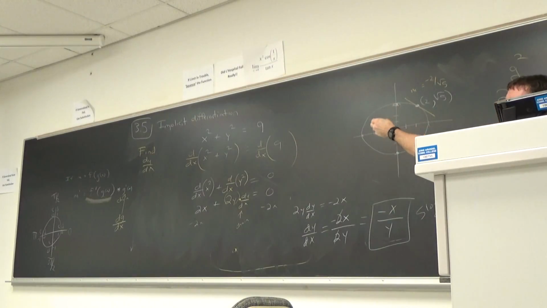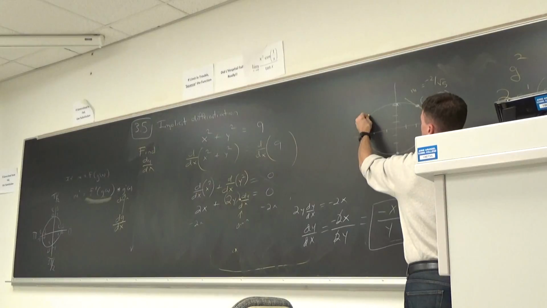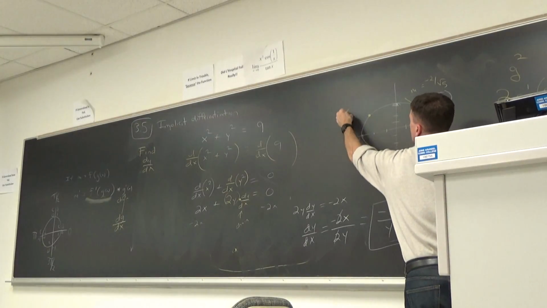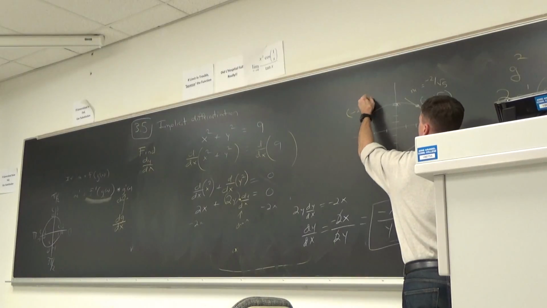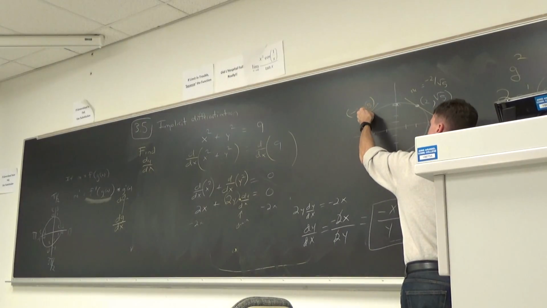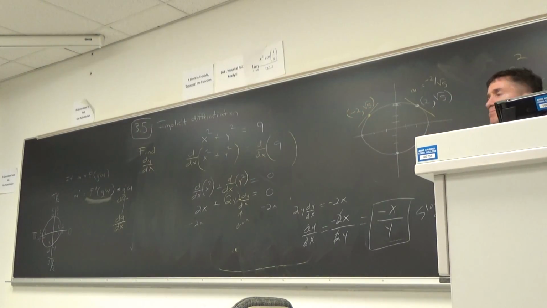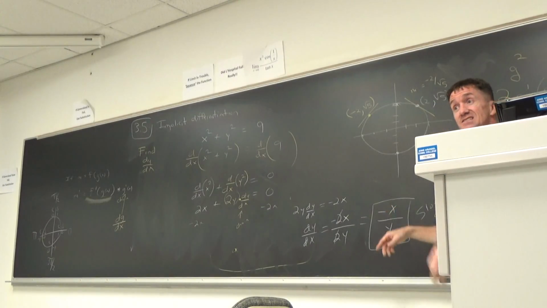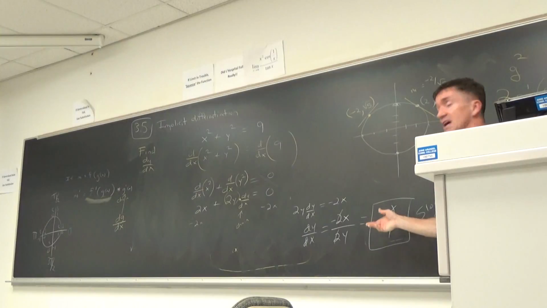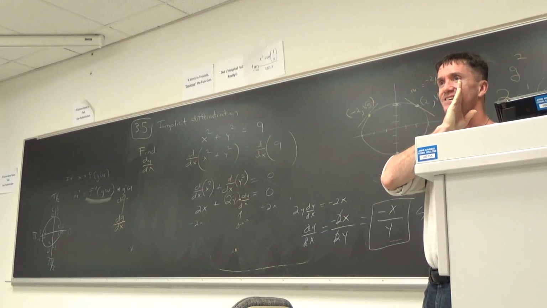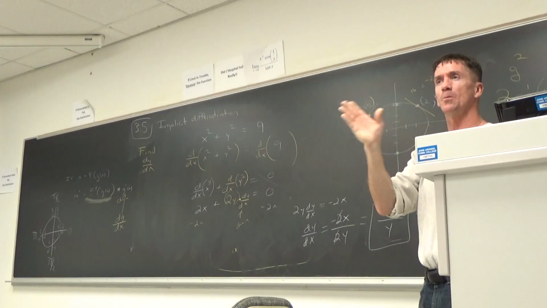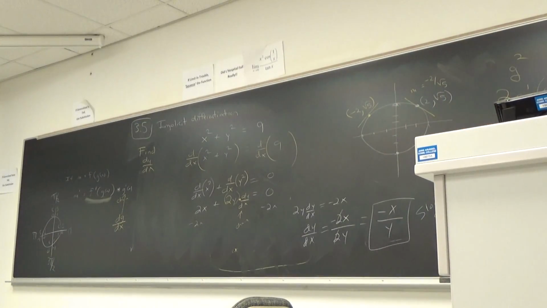All right, let's just pick another point on this side. How about this point right here? How about the point negative 2 for x, y is square root of 5? Would you find the slope of that tangent line to the circle? Plug it in there. That gives you the slope, right? Slope of tangent line to circle. Slope of tangent line to curve. How cool is implicit differentiation? You can find slopes of curves that go like figure eights and stuff.